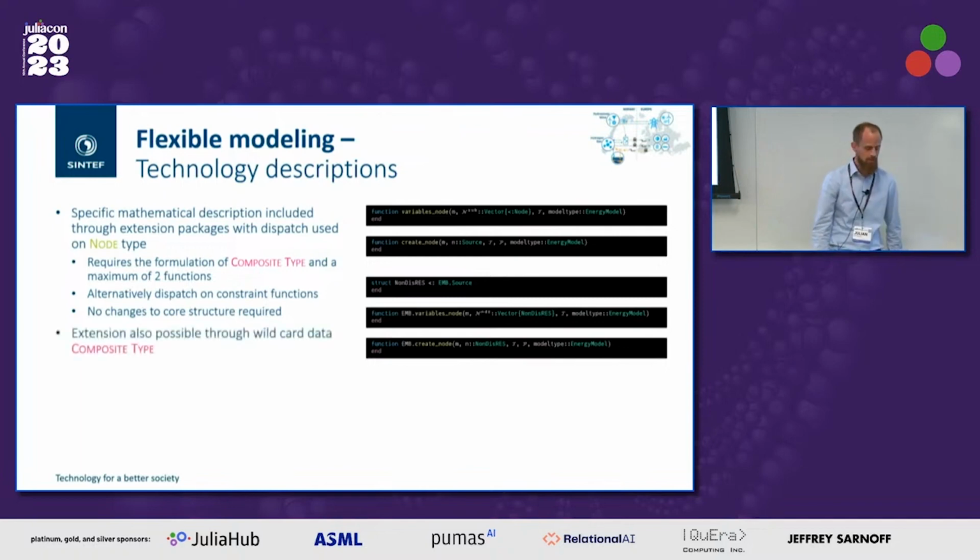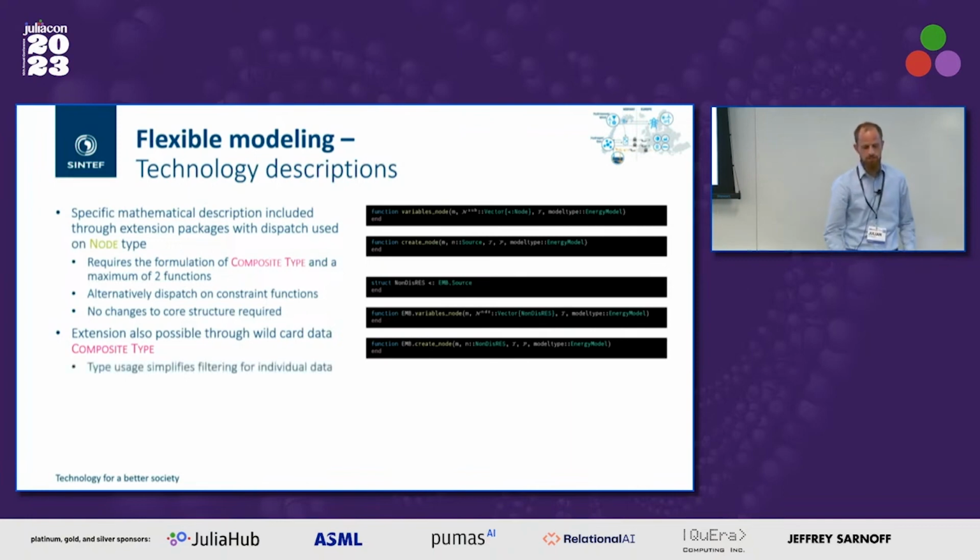And we also have, in the different composite types, which are describing the individual nodes or technology nodes, a wildcard data type, which we plan to use slightly more in the future. One thought process is that we want to use it for LCA functionality for the individual technology nodes, or we use it as well for investments at the time being, but it allows something to put on top of what is existing so far for new features.